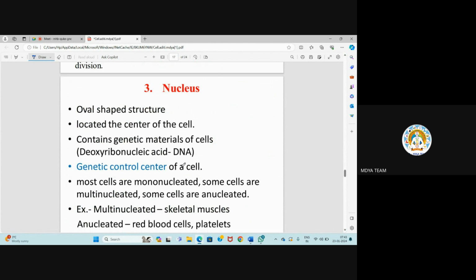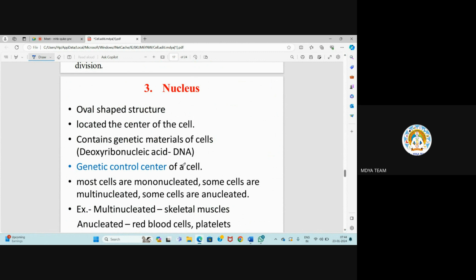Okay. So chromosomes are the part related to our gene structure, and you will learn about chromosomes in the nucleus. So the nucleus is an oval-shaped structure, generally located at the center of the cell. It contains the genetic material of cells, and this genetic material is deoxyribonucleic acid, or DNA. Right?